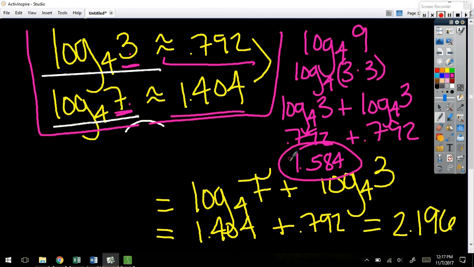The point is that I'm manipulating these a little bit so that I can use this property to rewrite it a different way, to estimate its value, since I haven't taught you yet how to put anything in other than base 10 or natural log. So good?